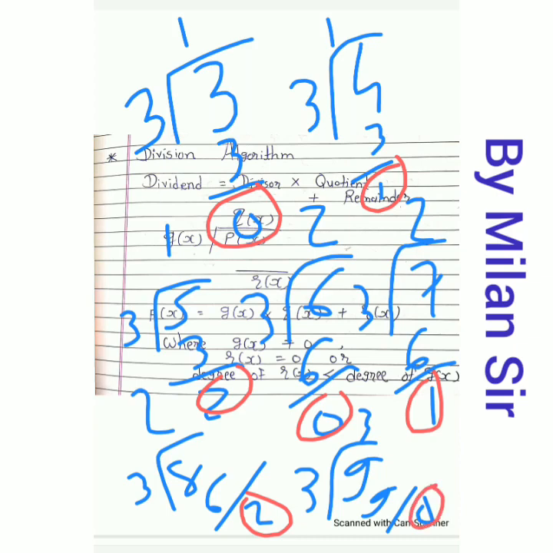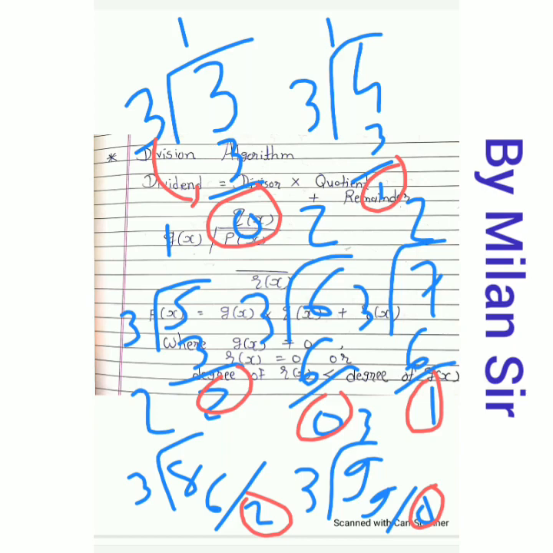This remainder is always less than 3. It can be 0, 1 or 2, but less than the divisor. We cannot get 3 as a remainder if we divide by 3. If we divide any number by 5, we cannot get remainder 5.